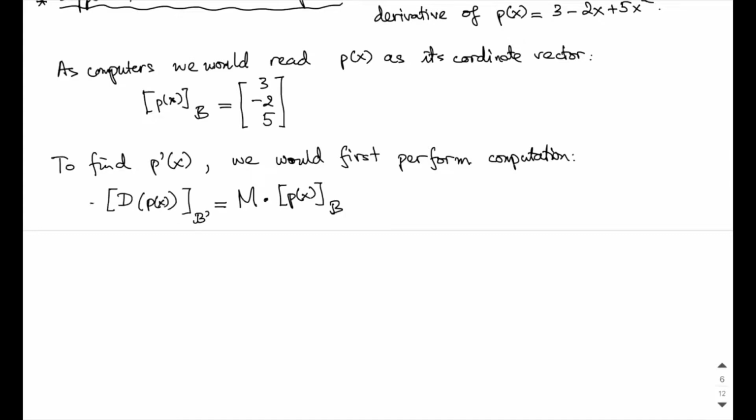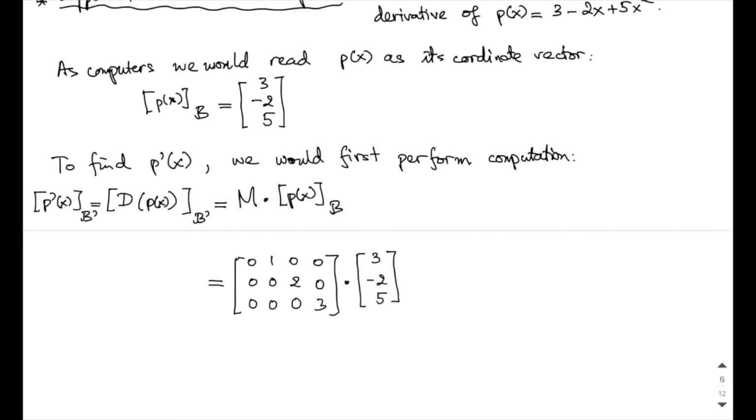Right? And this is going to be the coordinate of p prime of x with respect to B prime. So we are going to multiply the matrix M that we were programmed to remember with the coordinate for p of x. So this is like our input.